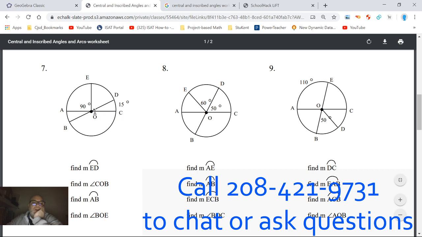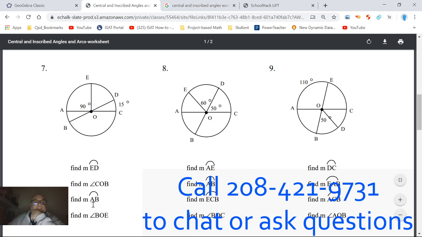So COB would be 180 minus this 15 degree part over here. We're taking this whole semicircle and taking away AOB to get COB, just less that little slice. So 180, take away the 15 degrees, and we end up with 165. All right. Okay.